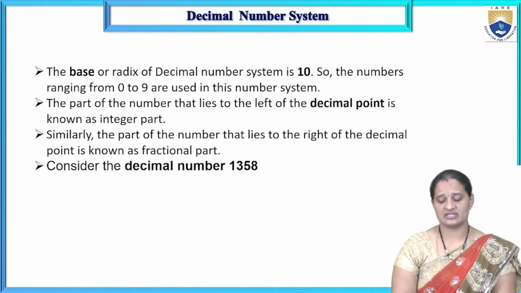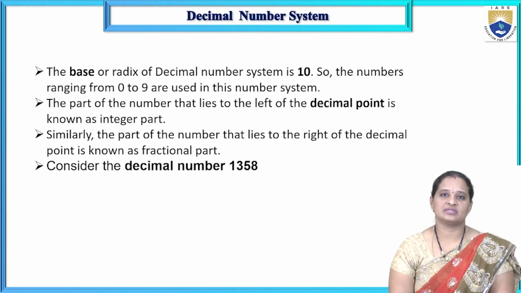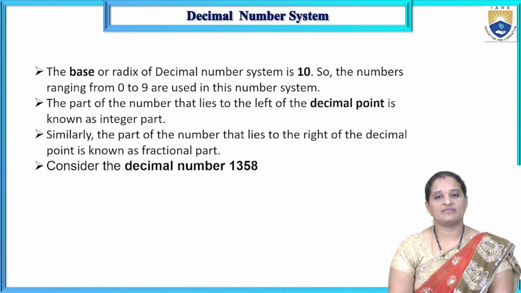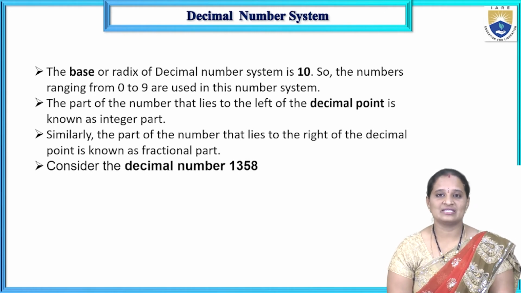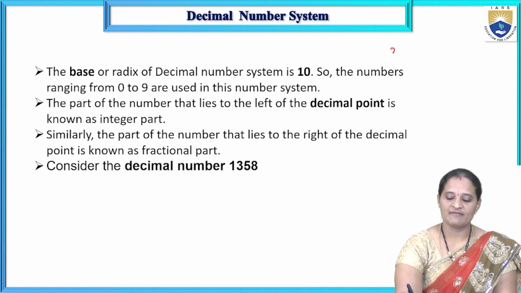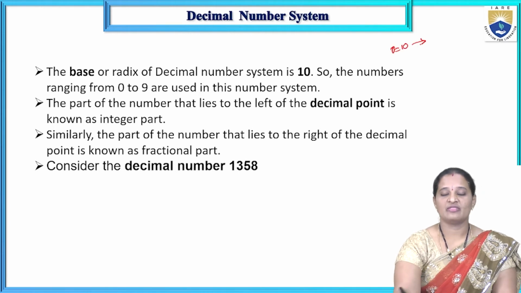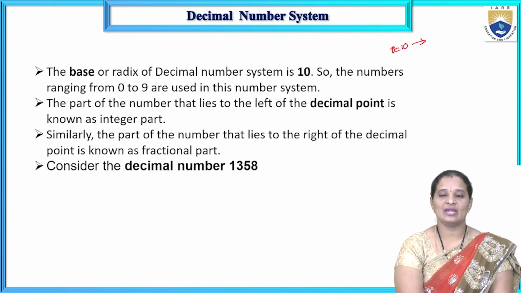Now, first let us see the decimal number system. What is a decimal number system? If the base or radix of a number system is 10, then that type of number system is known as the decimal number system. That means if R is equal to 10, the number system is said to be decimal.